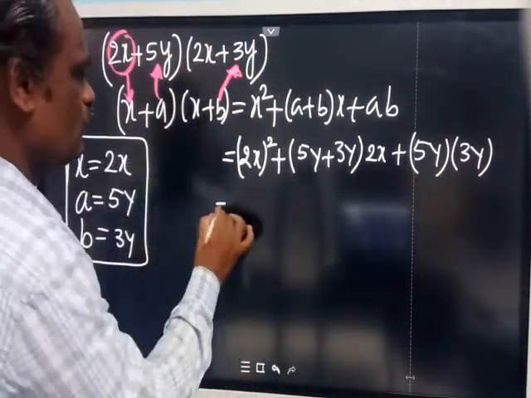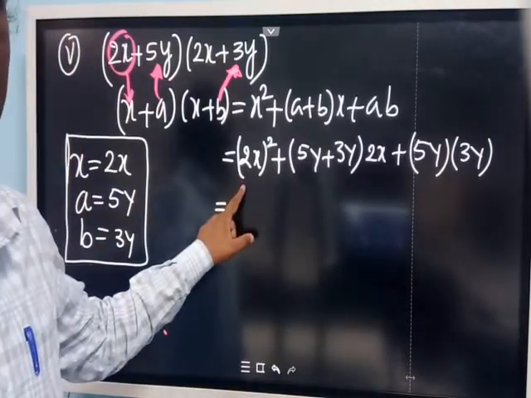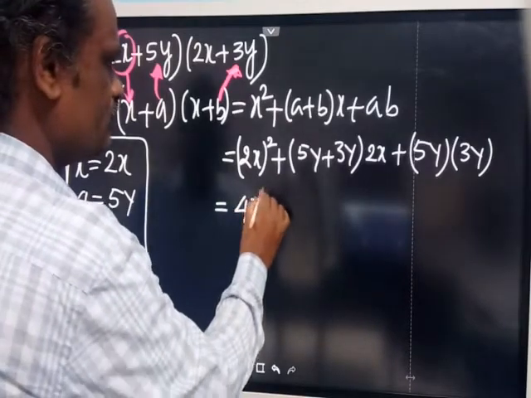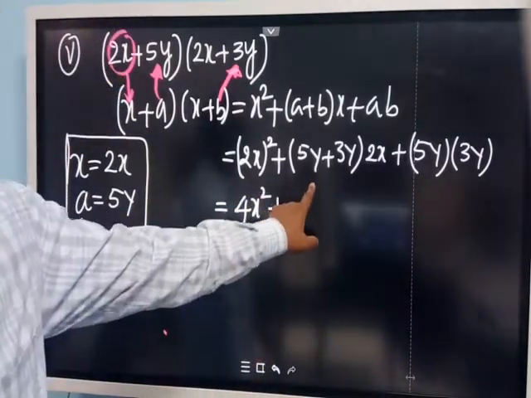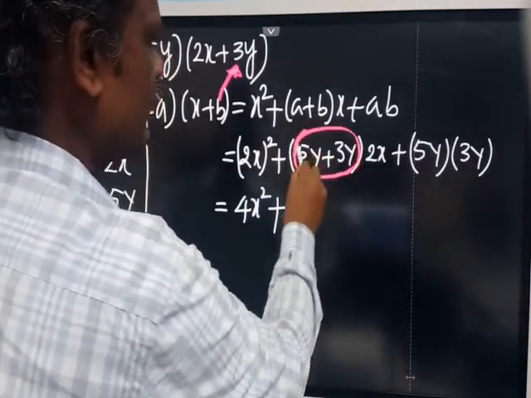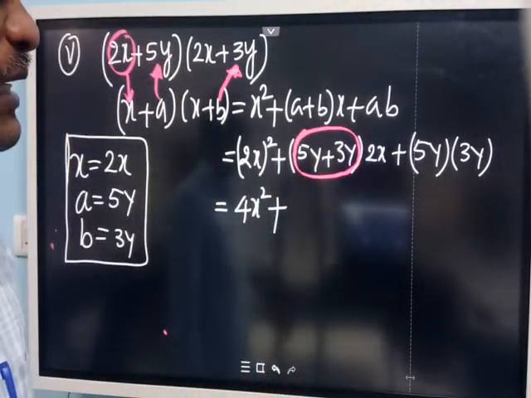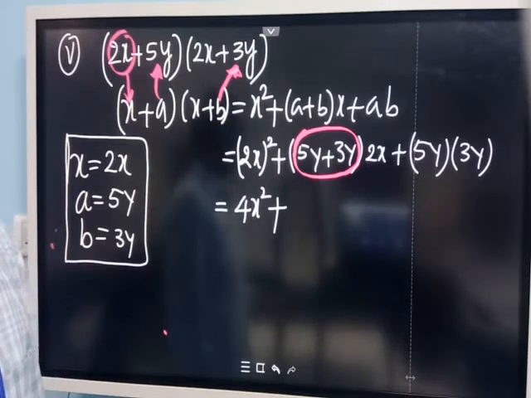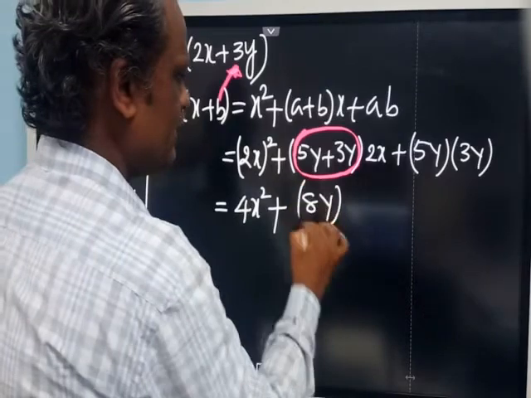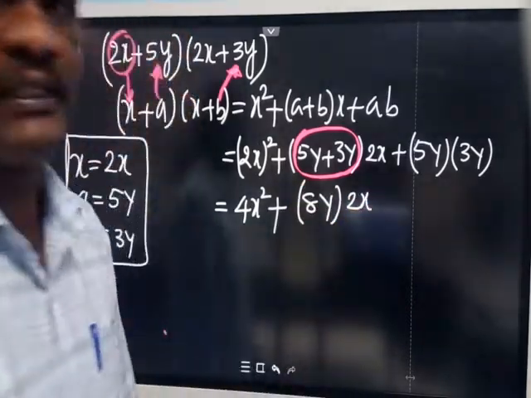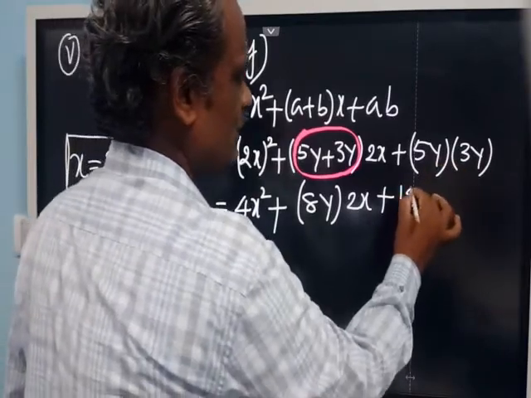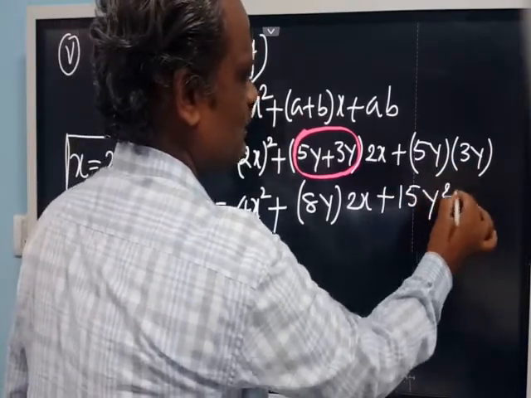So now 2x whole square. 2x whole square means 2x into 2x. It gives you 4x square. Plus look at this, the numbers which are inside the bracket. 5y plus 3y, both are like terms. Add them. It becomes 8y into 2x. Then product of this one, 5 threes are 15, y into y, y square.